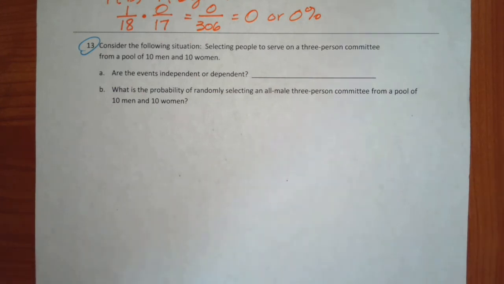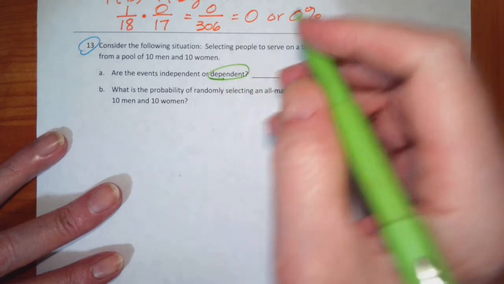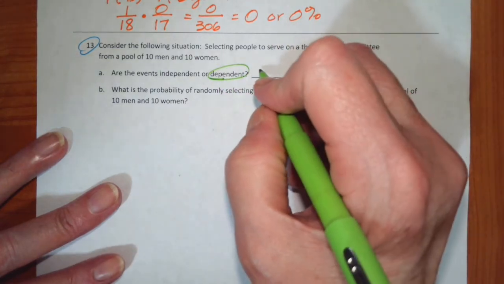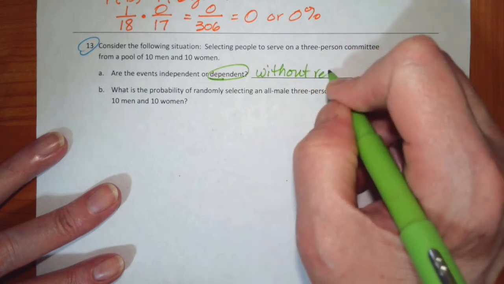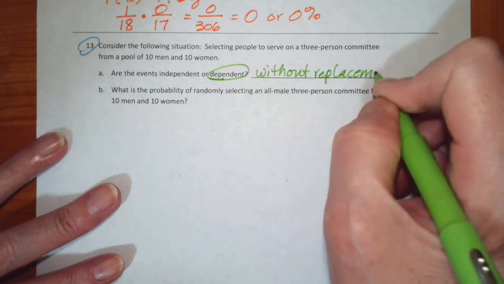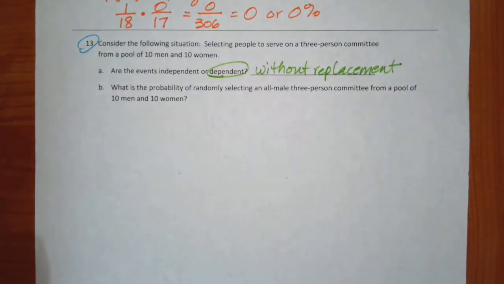So this is going to be dependent because it is without replacement.